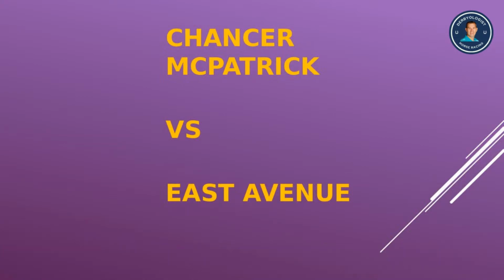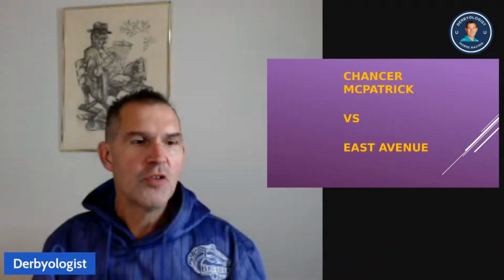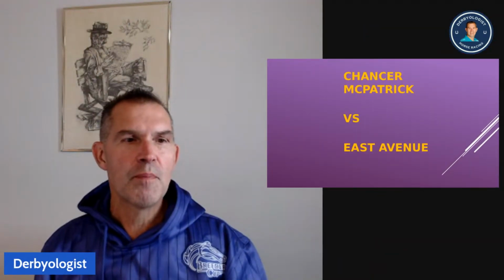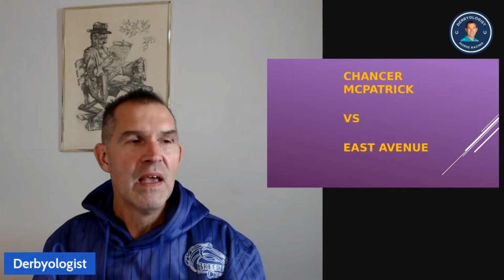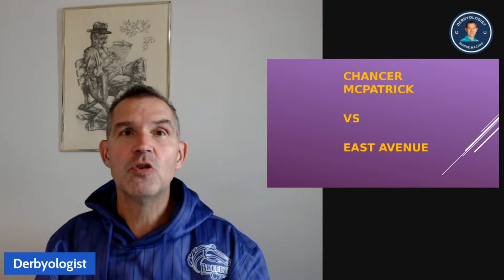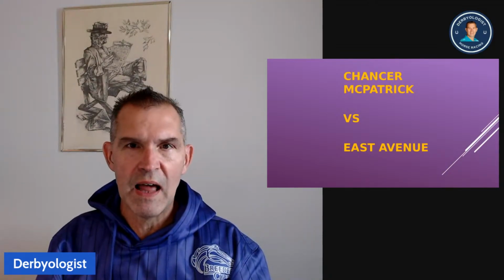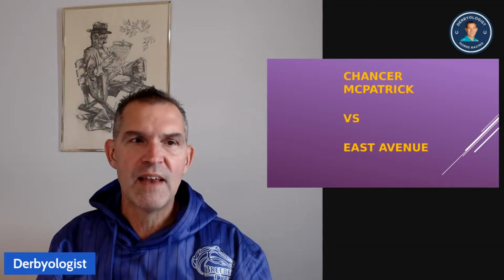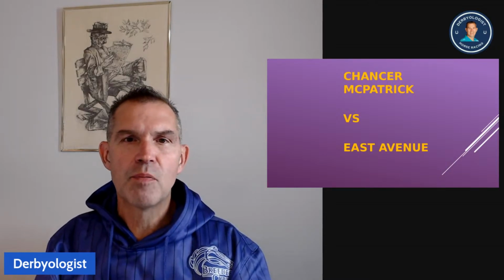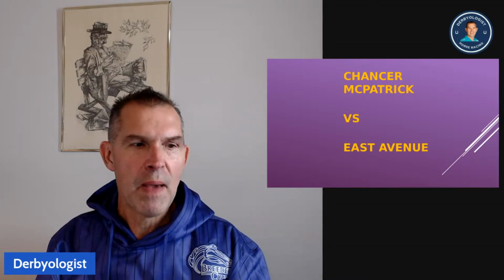So it's kind of unusual: you've got the front runner versus the closer. East Avenue is 5-2 on the morning line, Chancellor McPatrick at 3-1. Godolphin blue for East Avenue, and Chad Brown training Chancellor McPatrick.